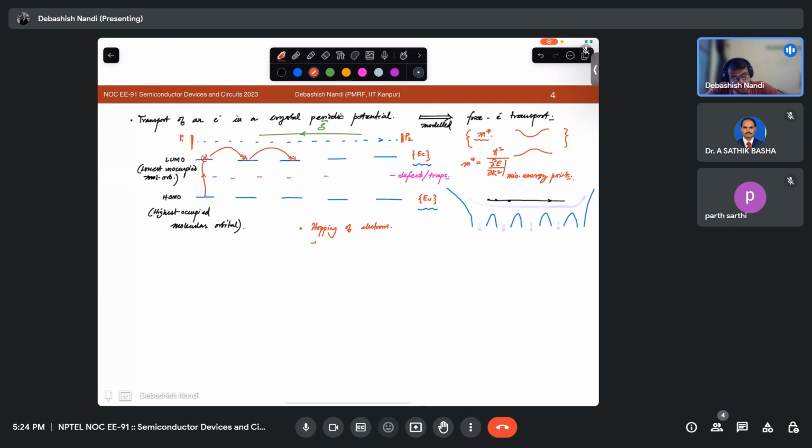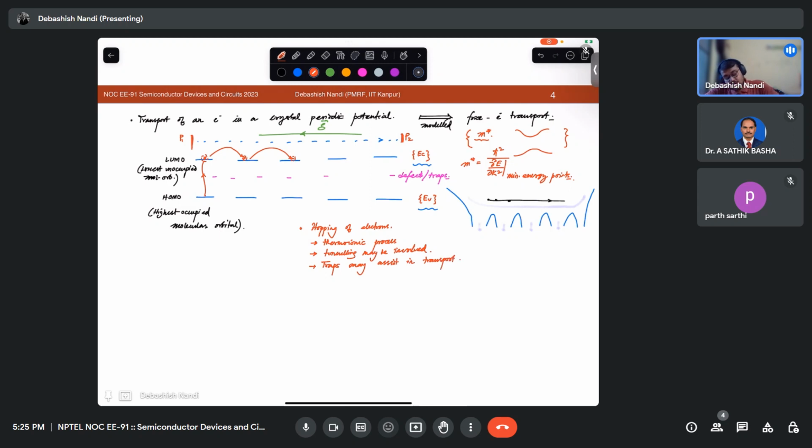This hopping depends on many things, but first of all it is a kind of thermionic process. Tunneling may be involved. Also, your trap states or defect states, traps, may assist in transport.